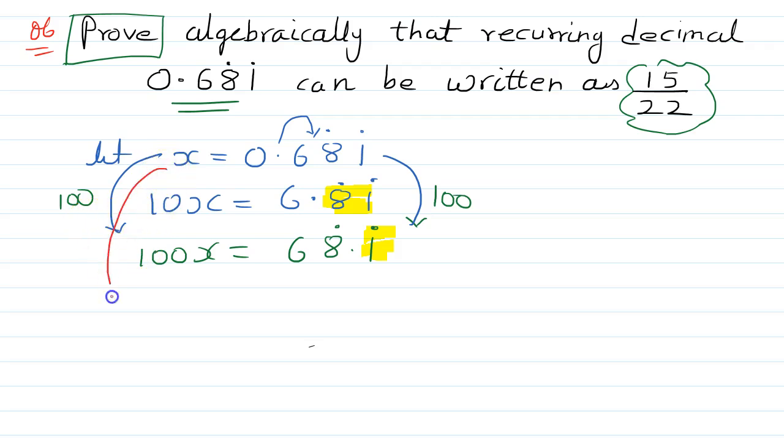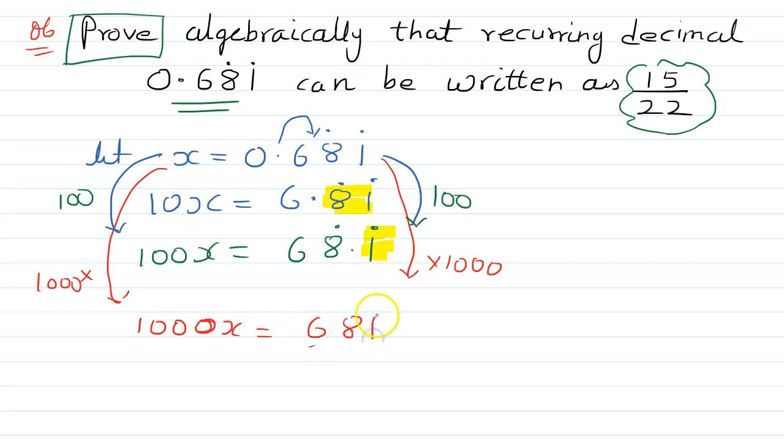If we multiply by 1000 here and by 1000 here, let's see what happens. It will be 1000x and it will be 681.81, and 81 was recurring, so it will be 0.81 recurring. So this is the way you can multiply and check.